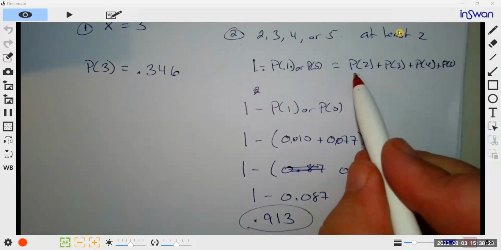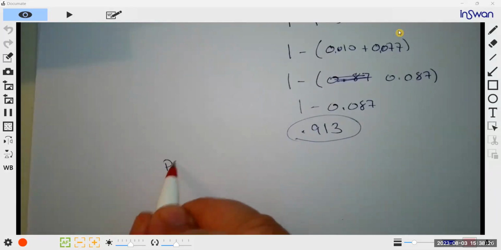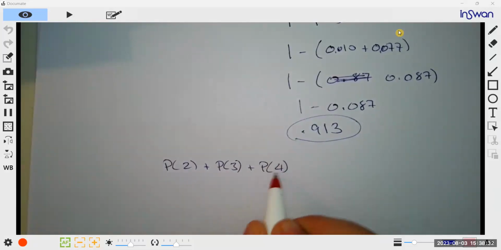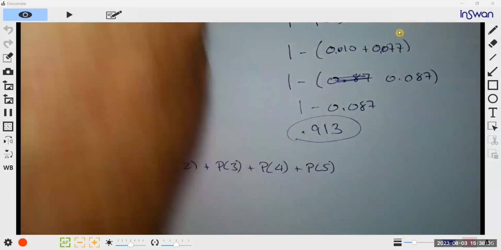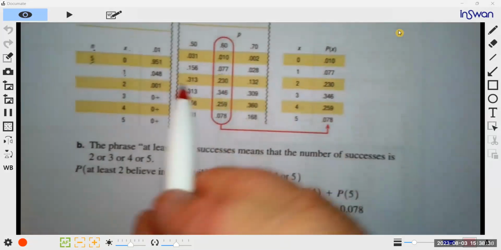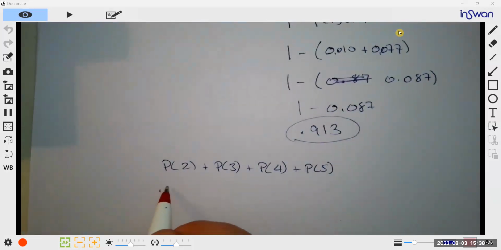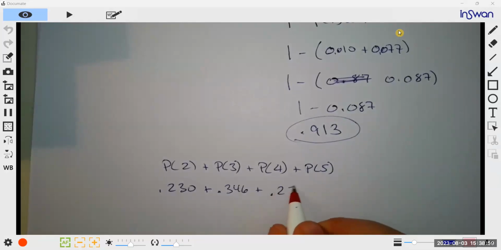Or we could find the probability of getting 2, the probability of getting 3, the probability of getting a 4, or the probability of getting a 5 using the same chart. The probability of getting a 2 is 0.230, of getting a 3 is 0.346, then 0.259 and 0.078.